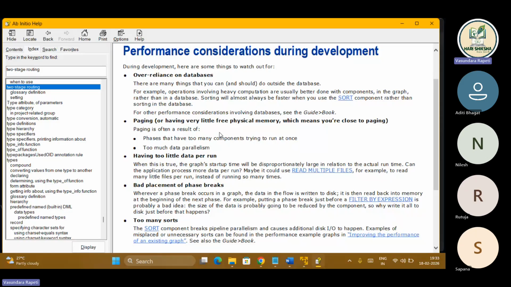So what happens with paging? Phases that have too many components trying to run at once eat up the RAM.